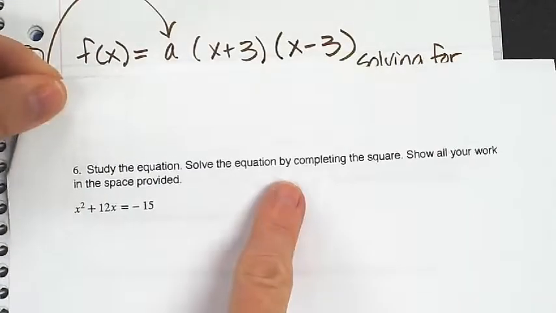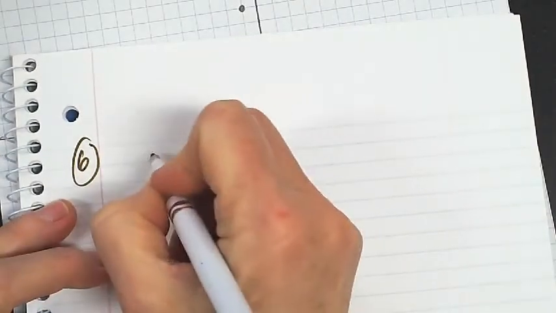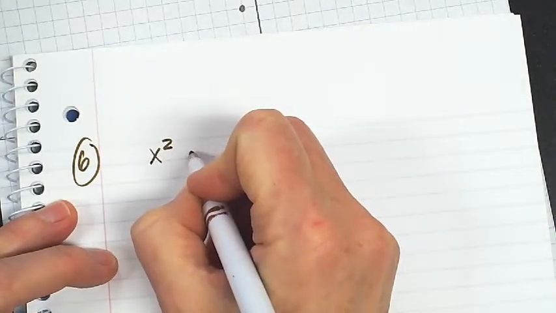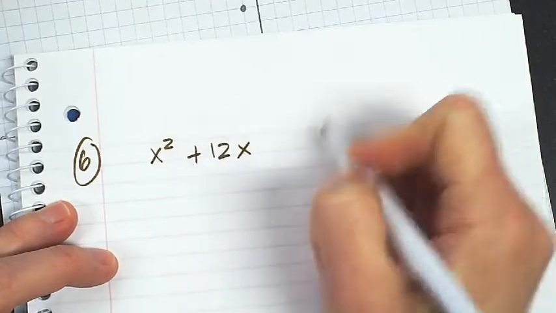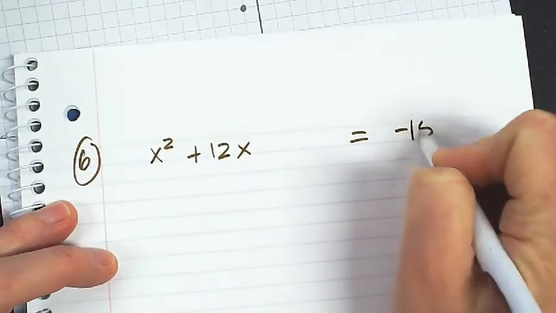Okay, number 6, solve the equation by completing the square. So we've got, now I'm going to write this with a little space right here.